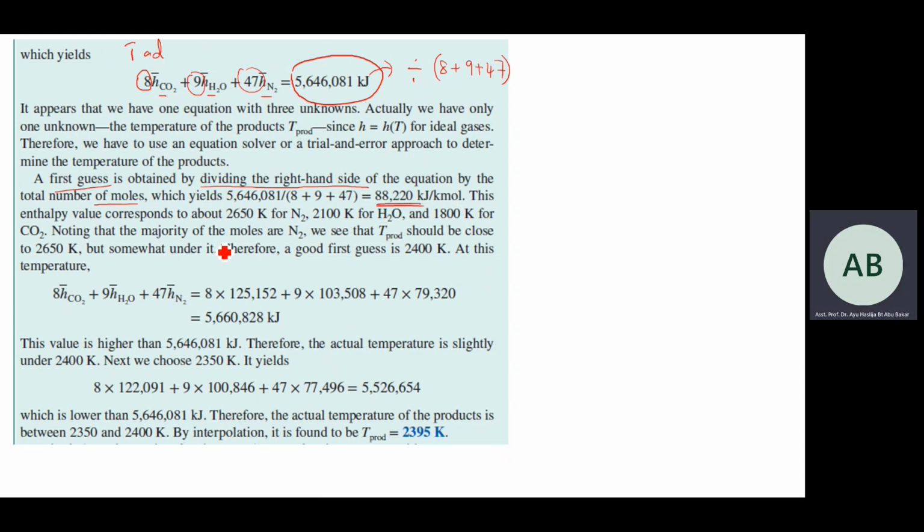Now these enthalpy values correspond to a temperature for N2, for H2O, and for CO2. How do we know? We refer to the table for each of these components, let's say for N2. Let me put the table side by side.